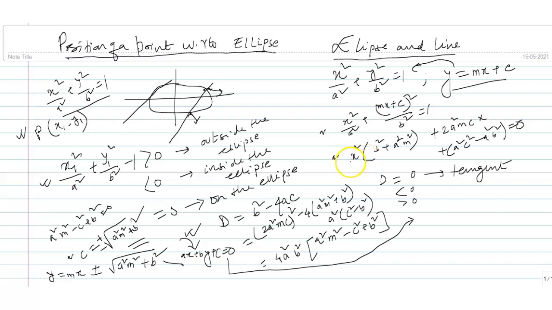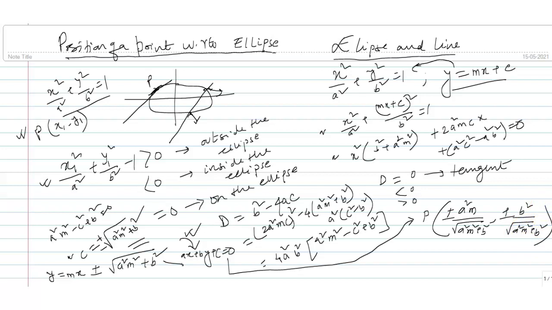Let us say this is the tangent and this point P is the point of contact, then P will become plus minus a square m over root a square m square plus b square, and plus minus b square over root a square m square plus b square. Okay, clear?